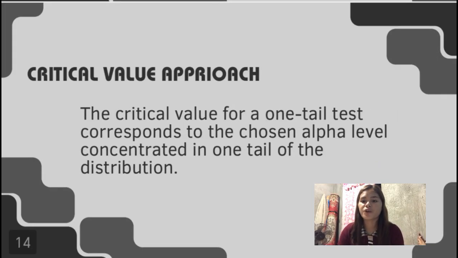The critical value approach. The critical value for a one-tail test corresponds to the chosen alpha level concentrated in one tail of the distribution. So when doing a one-tail test, we decide on a significance level, often 0.05 or 5%. This represents the risk you're willing to take in wrongly claiming a result is significant. So the critical value is a cutoff point.